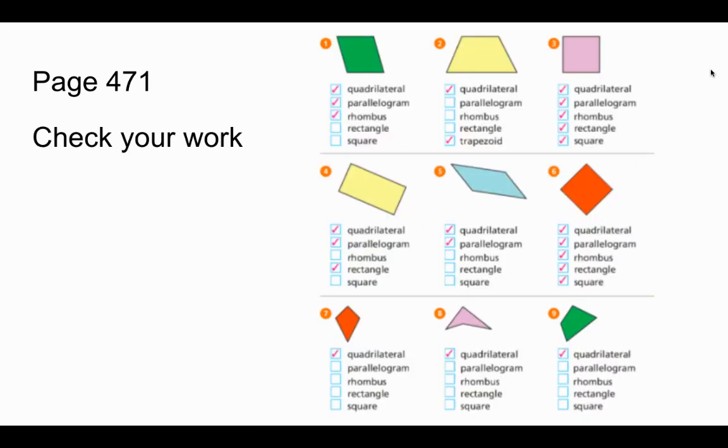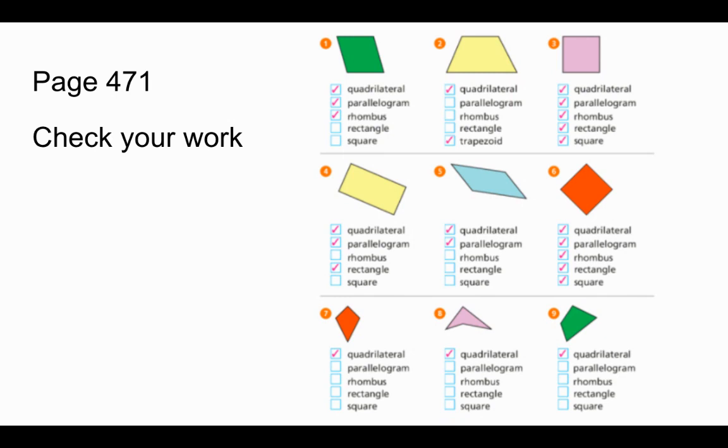All right, third graders, looking at the answers here, are there any that you have questions on? Look at number 3. Number 3 is quadrilateral, parallelogram, rhombus, rectangle, and a square. Squares can be rectangles. Rectangles can't be squares. Just like number 4.